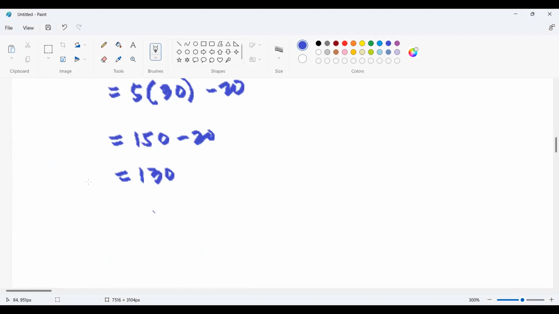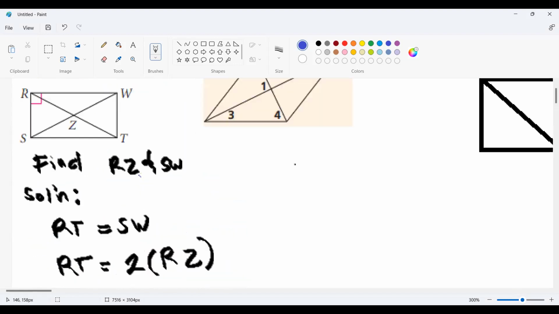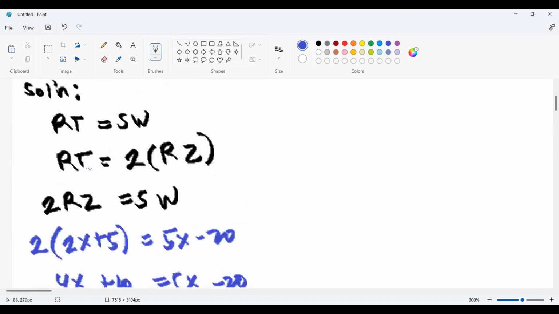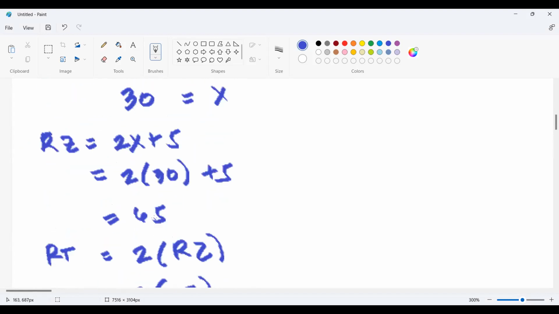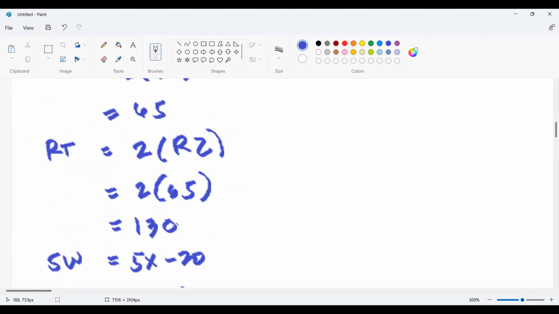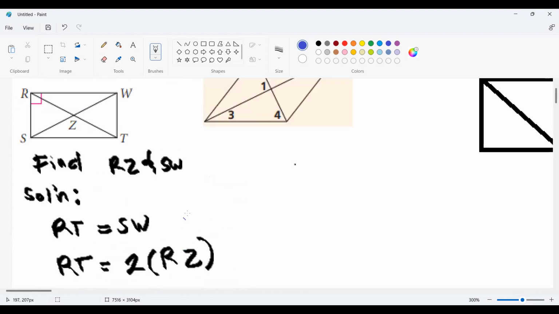So SW is 130, which is the same as RT. Since RT and SW are diagonals, we check that these two are equal, and when we double RZ, we also get 130. So I think that suffices.